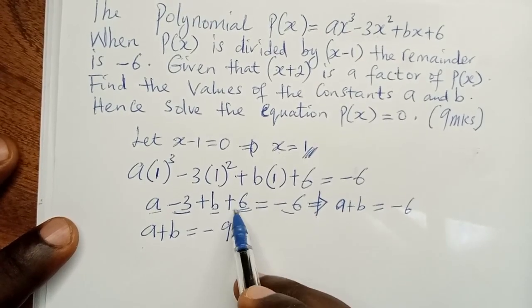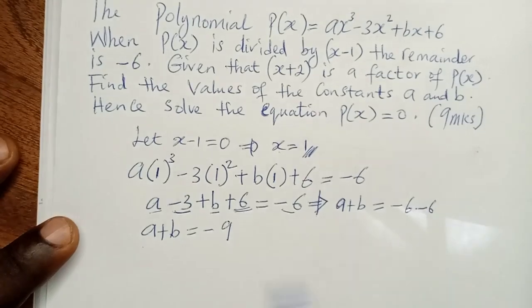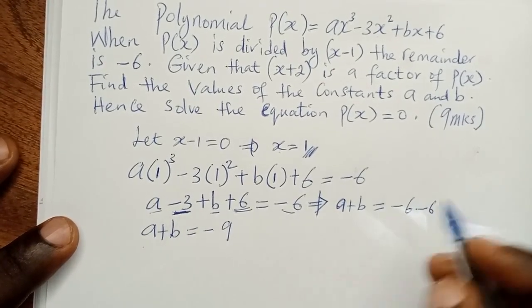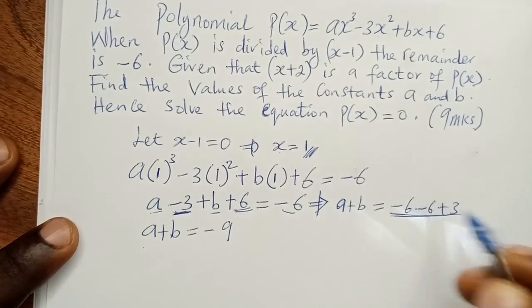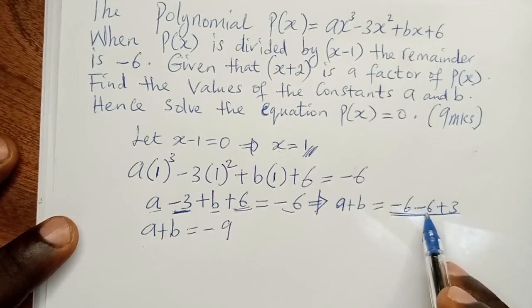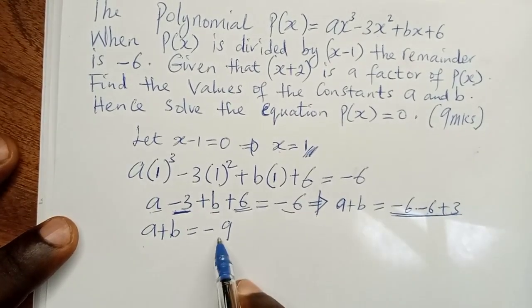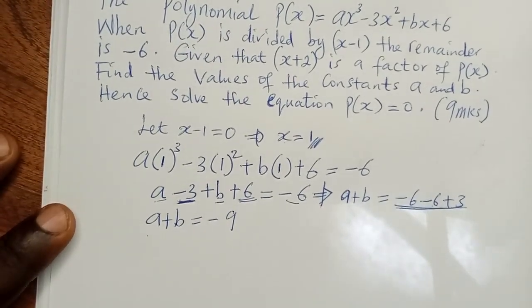When we carry it, it changes from plus 6 to minus 6. And this minus 3, let's carry it as well. To the right hand side, it becomes plus 3. So if we combine all of these, minus 6 minus 6 is minus 12. Minus 12 plus 3 is going to give us minus 9. So we have a plus b is equal to minus 9.